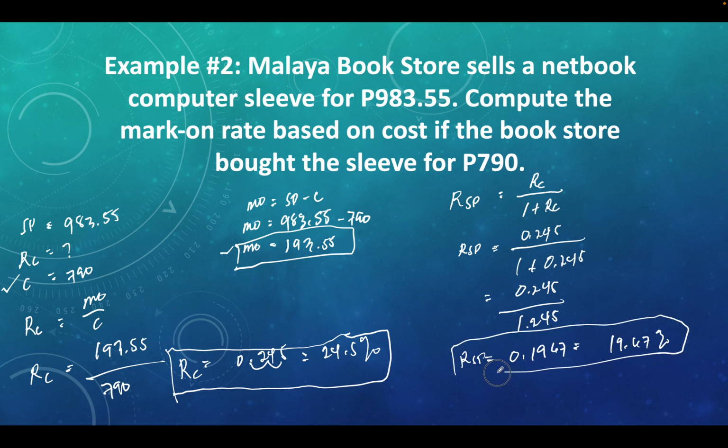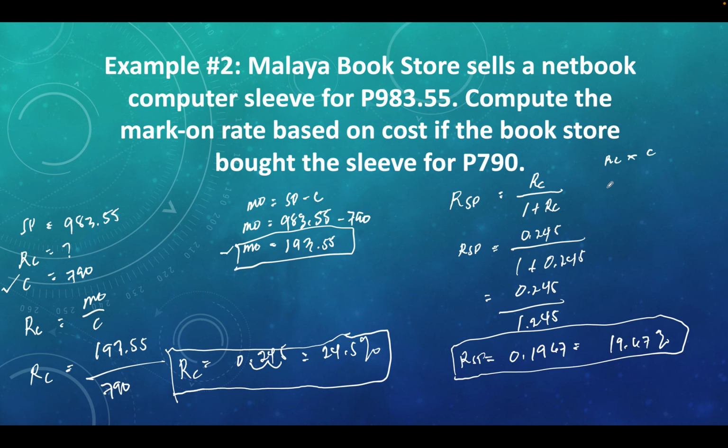Okay? So, para malaman kung tama ba yan, this is not necessary, no? Pero, para ma-check mo lang kung tama yung mga ginagawa mo. So, yung rate based on cost, multiply mo sa cost. And then, rate based on selling price, multiply mo sa selling price. So, sa cost muna tayo. Rate based on cost, multiply by the cost.